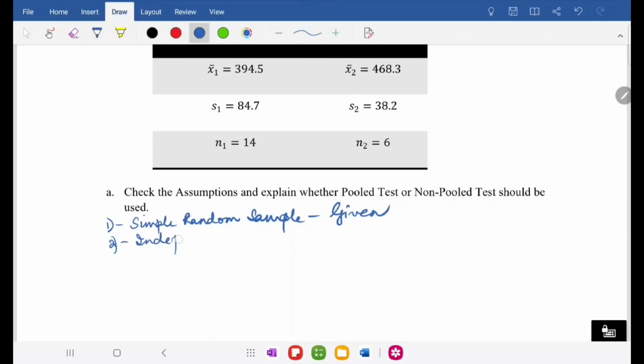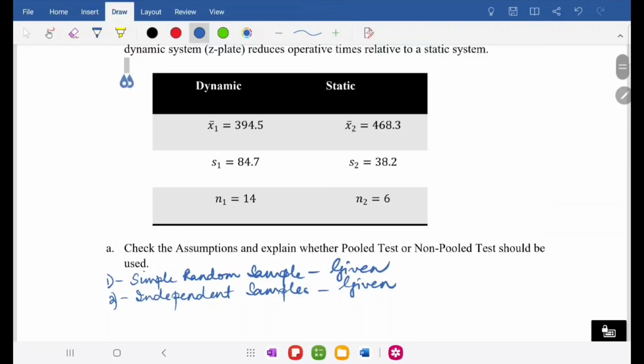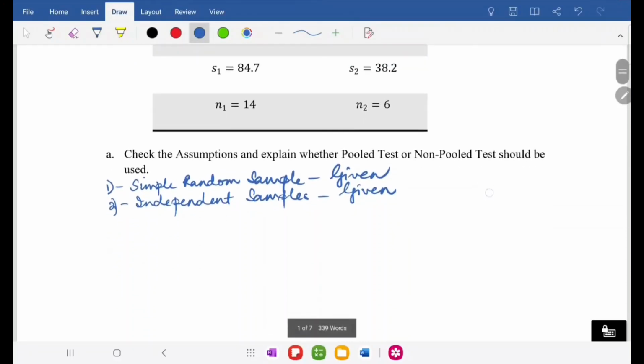The second one says it has to be independent samples, which again is given. There's no pairing, no association, no relationship between the surgeries performed with the dynamic system and the surgeries performed with the static system.